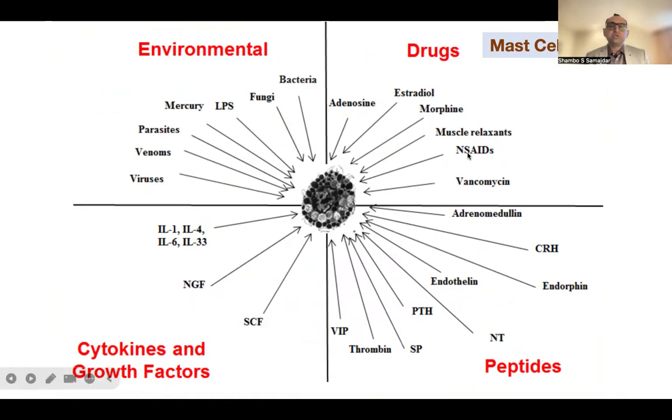They do direct stimulation of the mast cell, and they trigger the mast cell, and therefore the next step is the mast cell mediators that are produced. And apart from that, there are environmental factors, cytokines and growth factors, and different types of peptides.